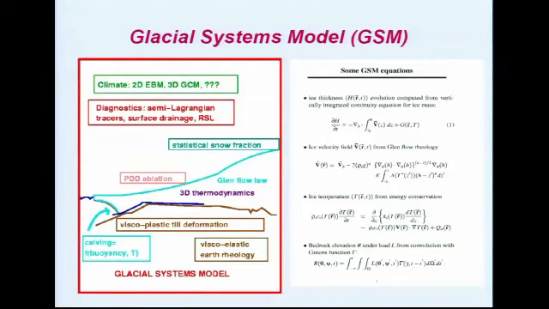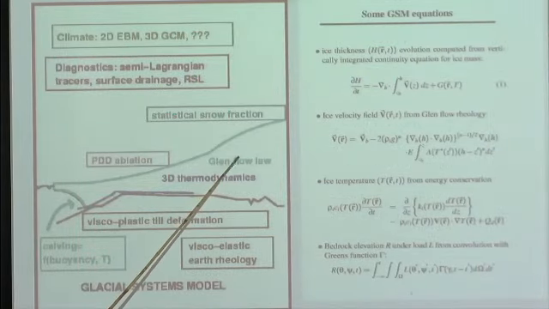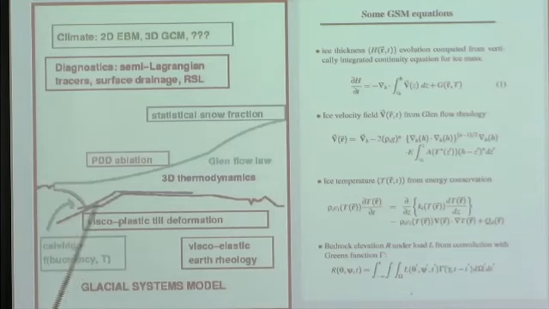In terms of the modeled system, as I said, we're using a standard shallow ice approximation. For those in the climate field, it's equivalent to shallow water equations, so it's a vertically integrated approximation, but with 3D thermodynamics.